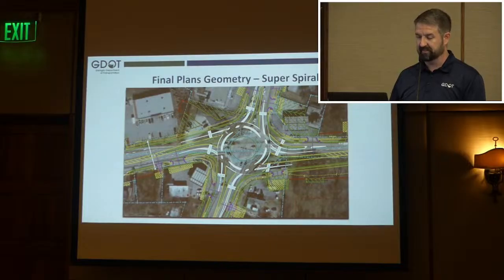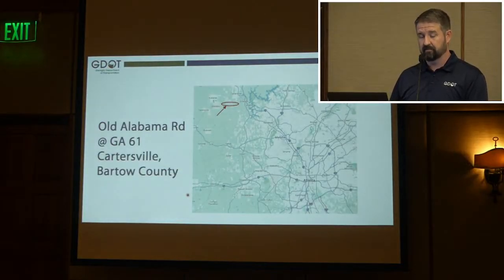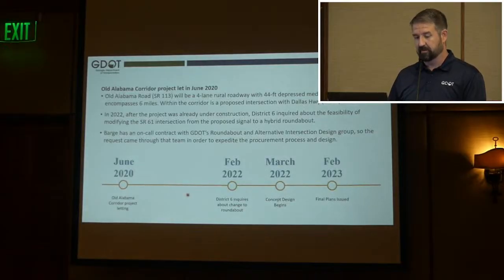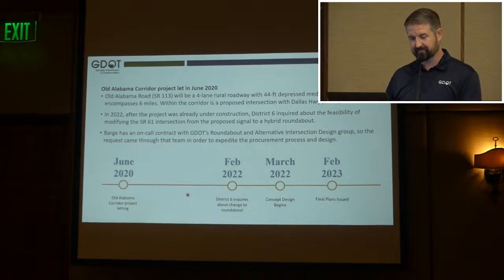Moving on to our second example, which is actually in my District 6, up in Bartow County. This was an interesting one, and for an interesting reason is probably going to be the first one that gets put in the ground with full raised elements. The project actually let for construction in 2020, so it's been hanging around for a while, and it's a big project.